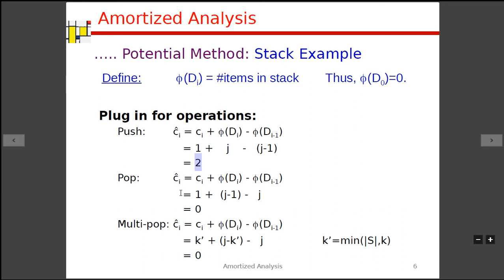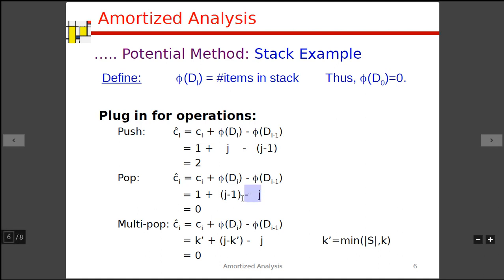Now let us see how exactly the pop operation works. C of i is the cost of the ith operation. So phi of D of i is j minus 1. Whenever we pop, we go one step below. So that is j minus 1 minus j, the potential which was there for the previous one.